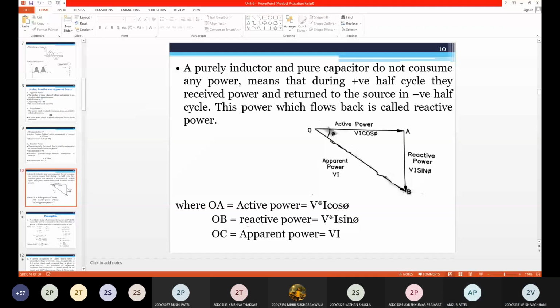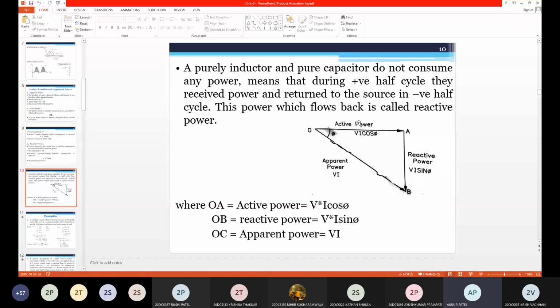There are different ways to find this power factor. But why am I saying this P by S? Because we are calling these the active, apparent, and reactive power of the circuit. That's why I am focusing on P by S, because we need more active power in the circuit.